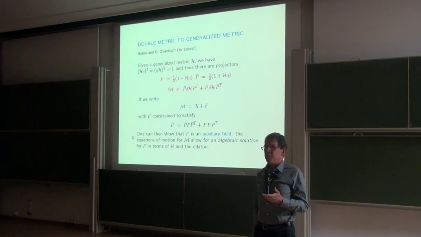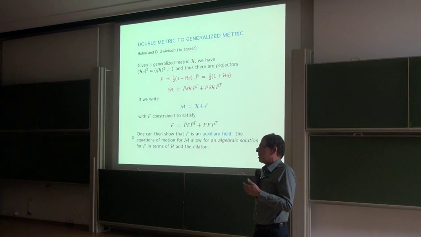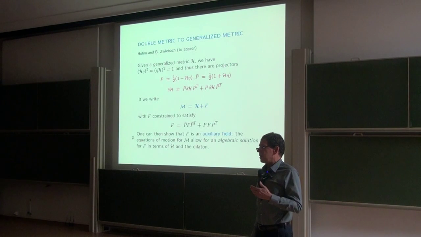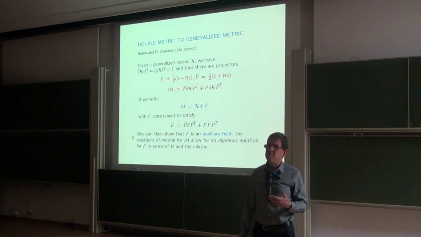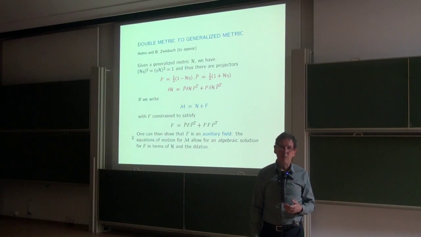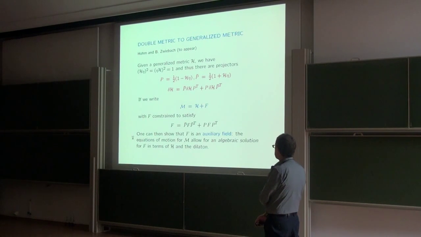Nevertheless, we got a theory with a field we're not familiar with, the double metric M. Physicists are accustomed to the generalized metric H. That is a well-known object, but the double metric is not well-known. I think it's the first time it's being used.